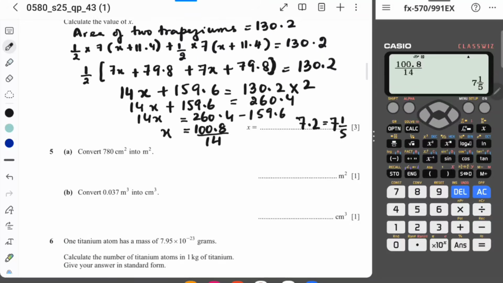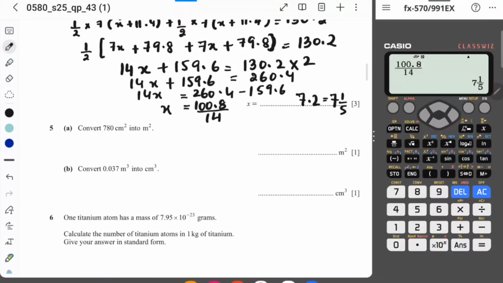All right, the next question: convert 780 square centimeters into square meters. You know that 1 meter is equal to 100 centimeters, and if we have 1 square meter, then it will be 10,000, double the number of zeros.